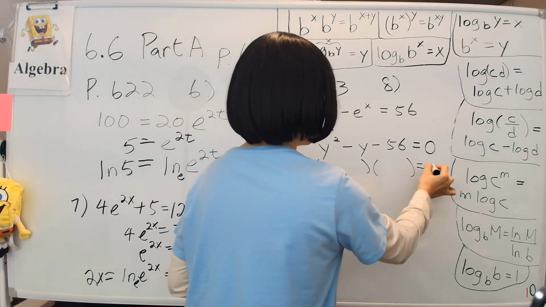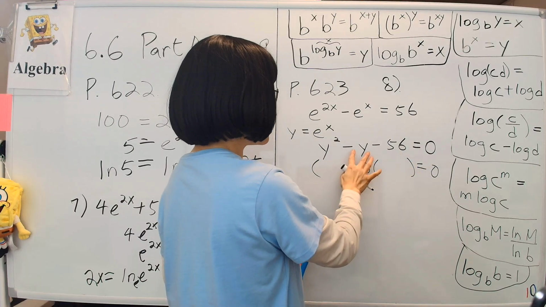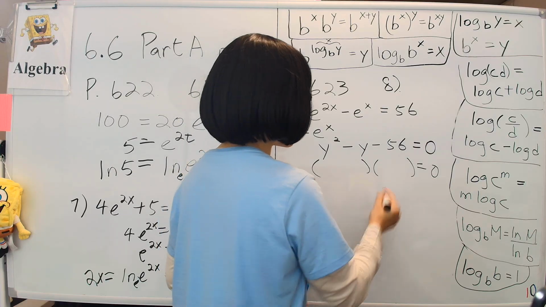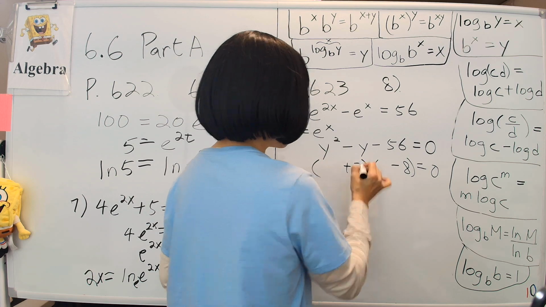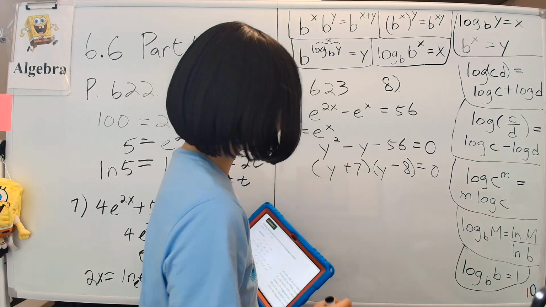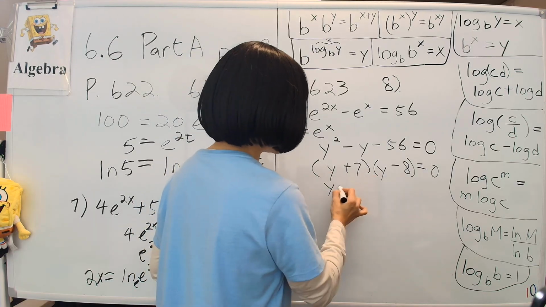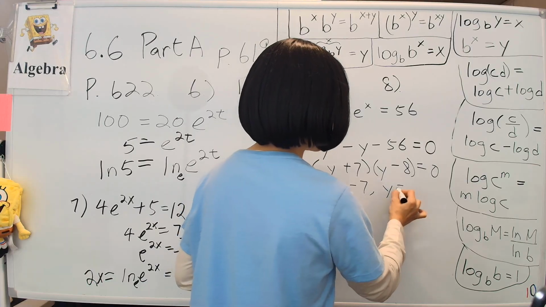We need two numbers multiplied together to be 56, and their difference has to be -1. So that will be 7 times 8, with 8 being negative and 7 being positive. So y is either equal to -7 or y equal to +8.